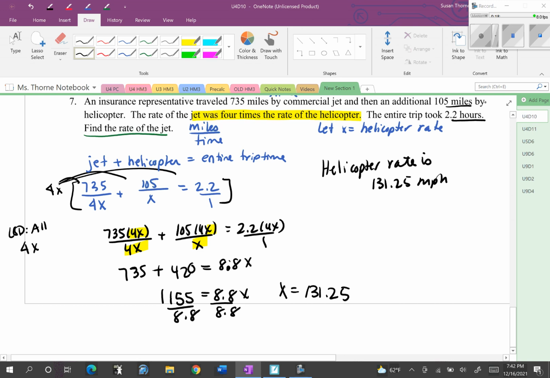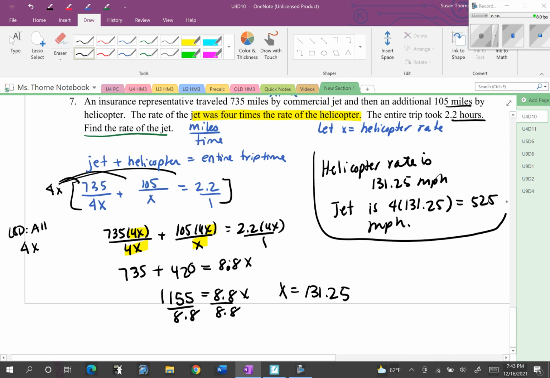And then that means that the jet is 4 times 131.25, which means that the jet's rate is equal to 525 miles per hour. And that is it for our rational word problems.